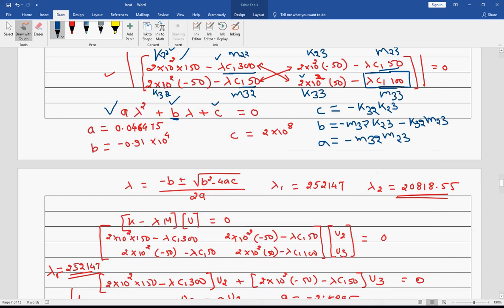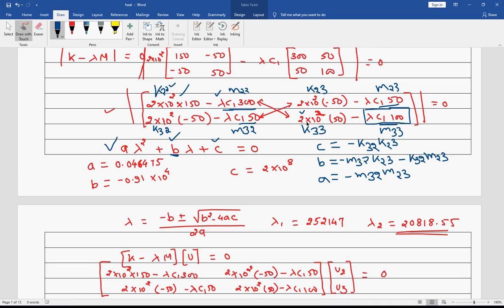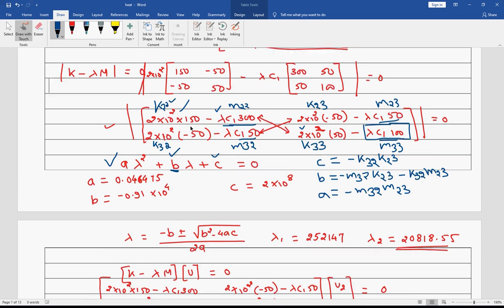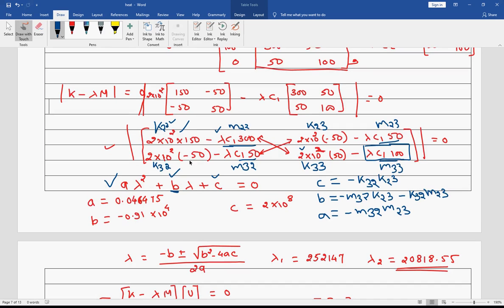So maybe while doing this multiplication, I might have made some mistakes. Minus of this is this. So this is minus. That is why this is a problem.